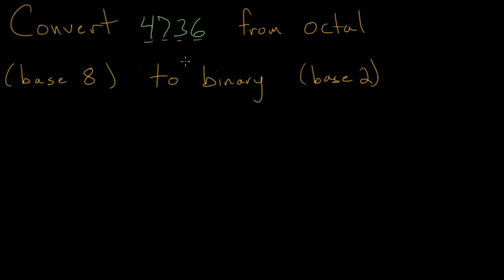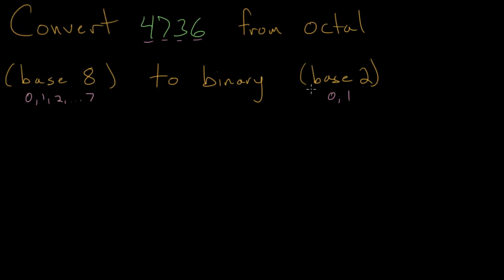Now, for a base 8 number system, keep in mind that there are only 8 digits that we can use. And for a base 2 system, there are only 2 digits that we can use. In fact, whatever the base is, in this case 8, we'll use every digit below that. So a base 10 number system, like we normally use, has 10 different digits, 0, 1, 2, all the way up to 9.